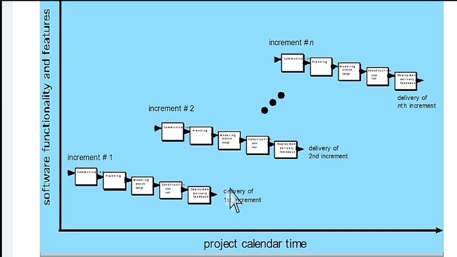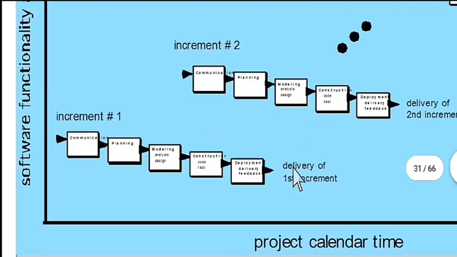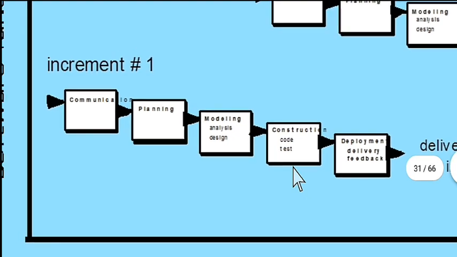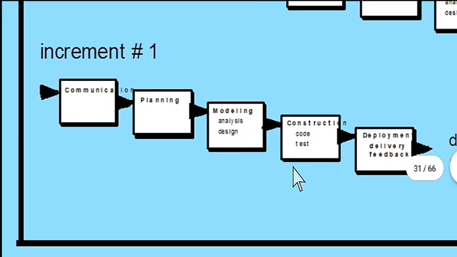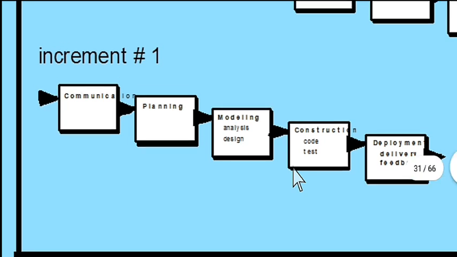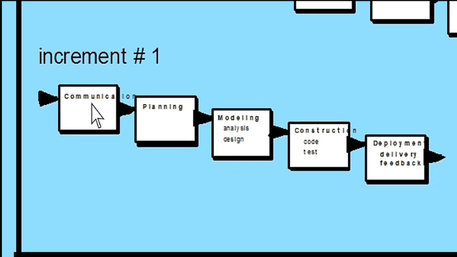If you see the block diagram of these increments, first, second, up to n, all the blocks are the same. Here you will see the blocks: communication, planning, modeling, analysis, design, construction, deployment, delivery. All these blocks are the same as those used in the waterfall model.